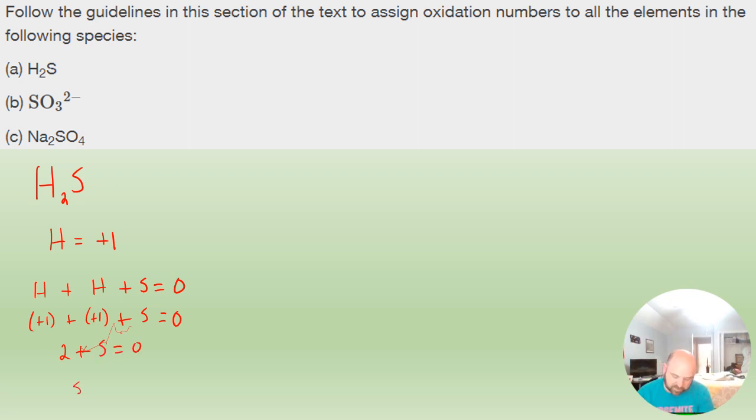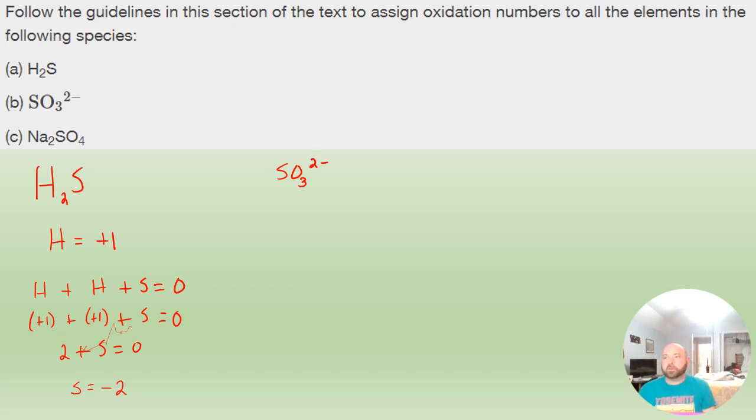Therefore, the oxidation number on the sulfur atom is -2. So in the H2S molecule, each hydrogen atom has an oxidation state of +1, and the sulfur atom has an oxidation state of -2. Now we will look at the sulfite ion that we see there, SO3, with a 2- charge.